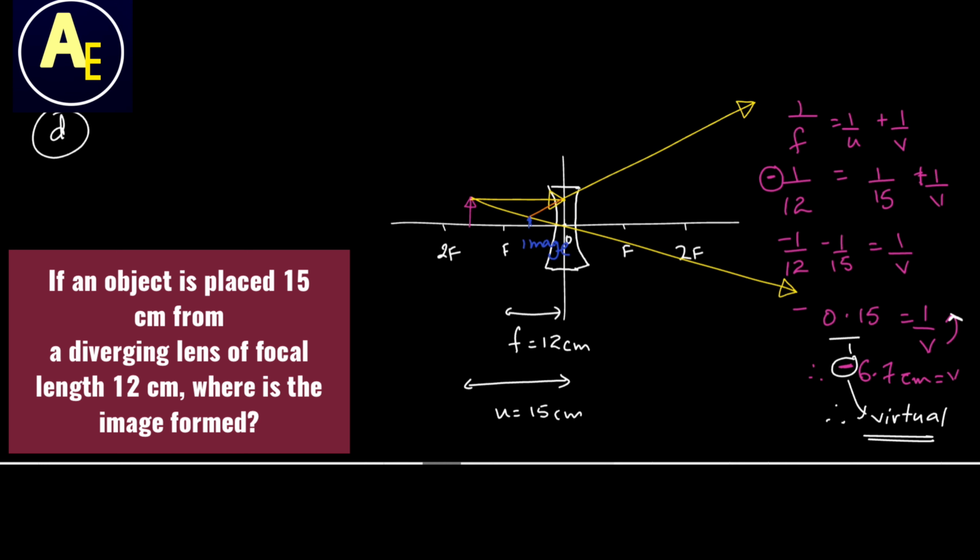Here we see that our image distance is once again negative, meaning that our image is virtual.